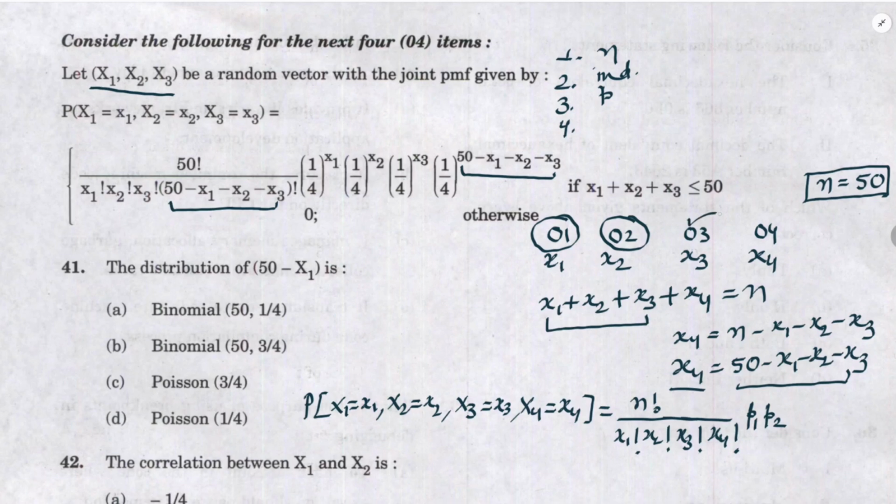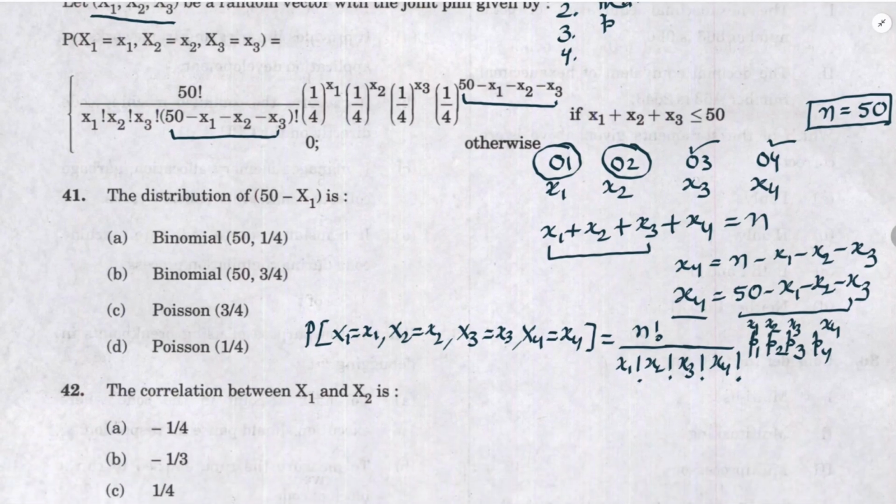The probability for the third type of outcome is P3. The probability of occurring the fourth type of outcome is P4. Now suppose outcome 1 is occurring x1 times, outcome 2 is occurring x2 times, outcome 3 is occurring x3 times, and outcome 4 is occurring x4 times. So this will be the PMF.